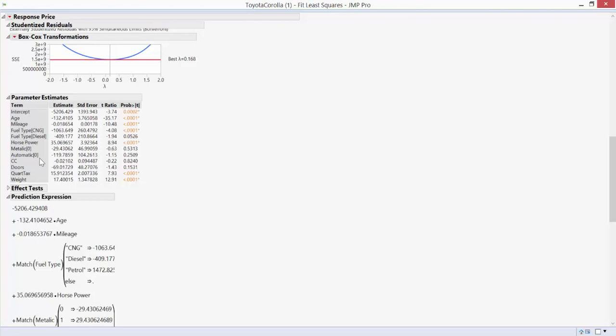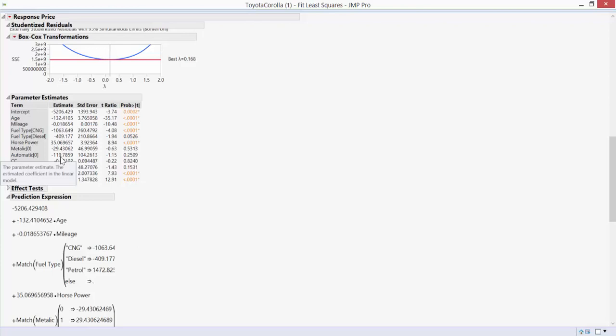Automatic 1 means the car has an automatic transmission. 0 means it's a non-automatic, manual transmission. So right there it says if the car is automatic, 0 means it's manual, then I have to take 1 and multiply it by minus 119. So manual cars are priced $119 below the average.